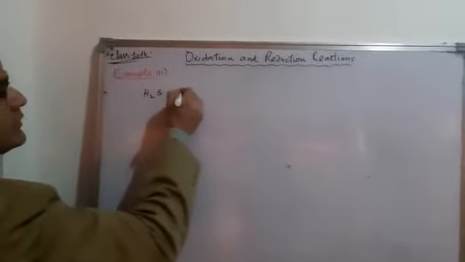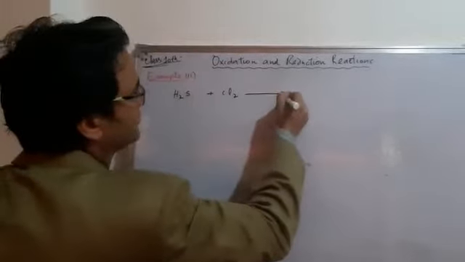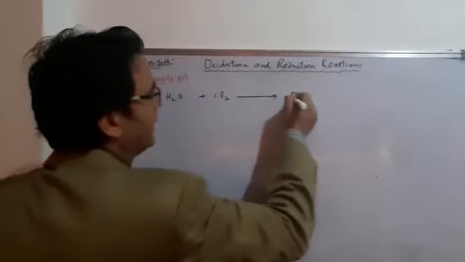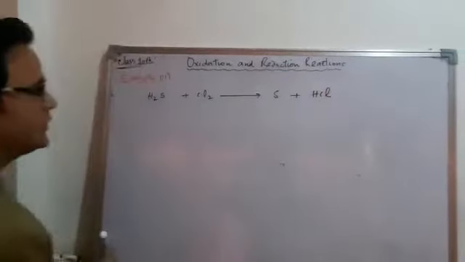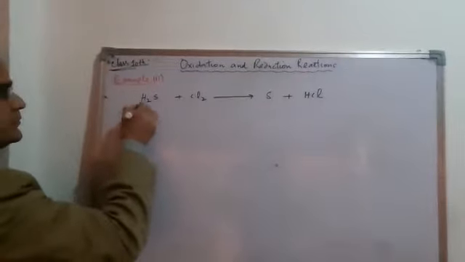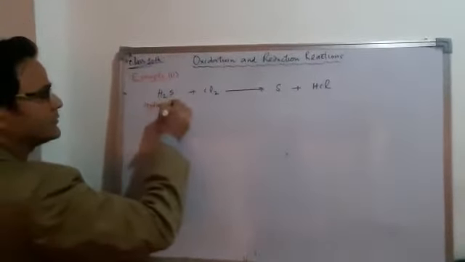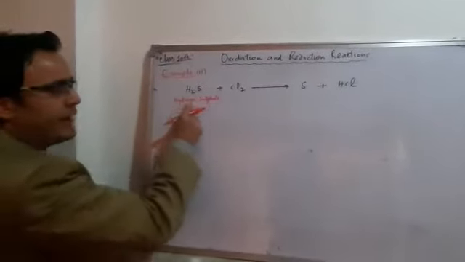This is H2S plus Cl2 gives us S plus HCl. So here this is hydrogen sulfide, H2S.